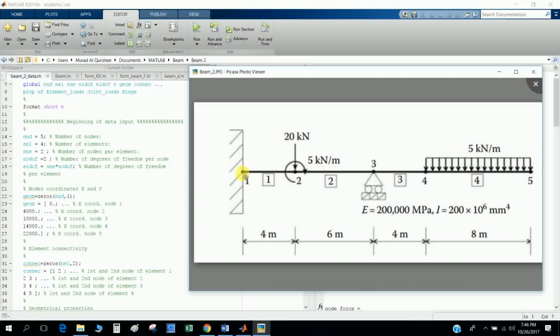For node number 1, its coordinate is 0 0. For node number 2, its x coordinate is 400, in millimeters, and again for node number 3 it will be 4 plus 6, 10, so 10,000 millimeters. You see here first I make the matrix zeros, so there is no x value, only one column.